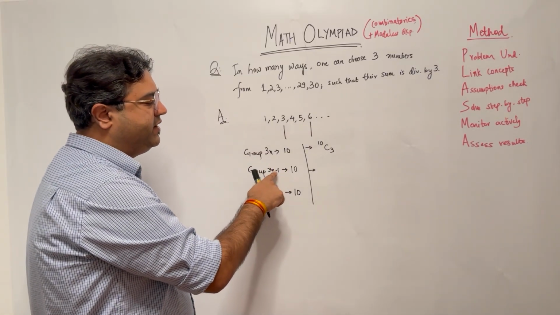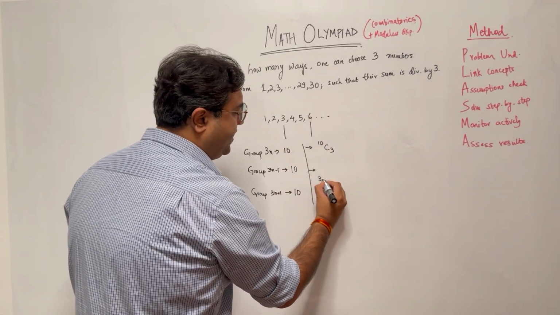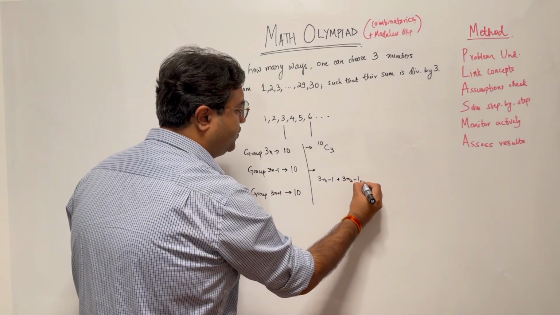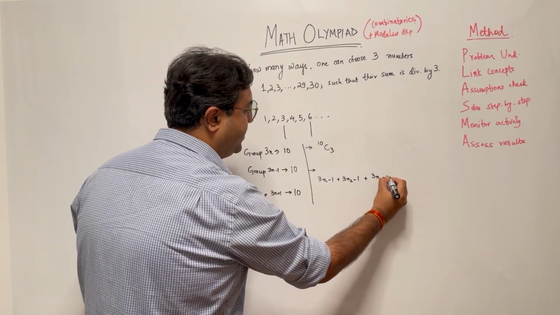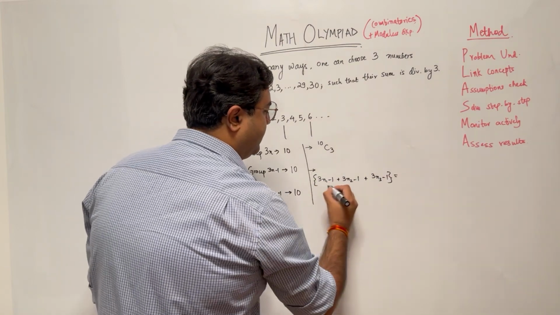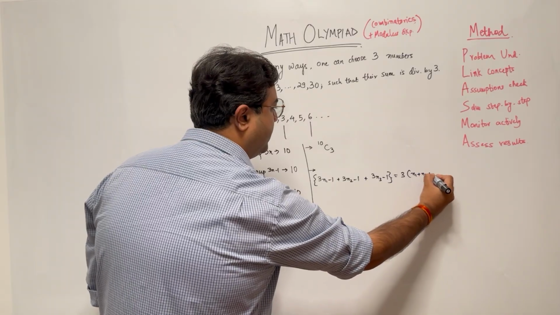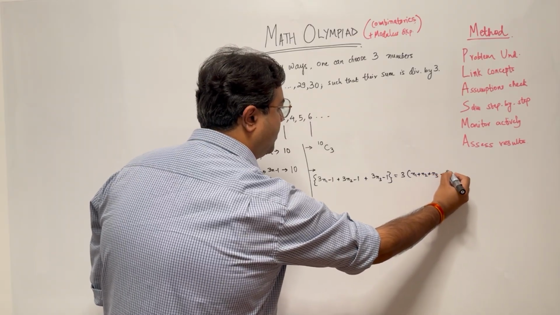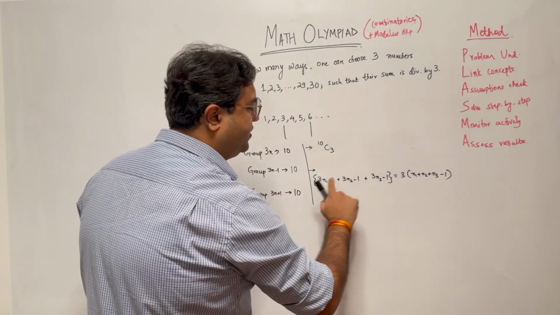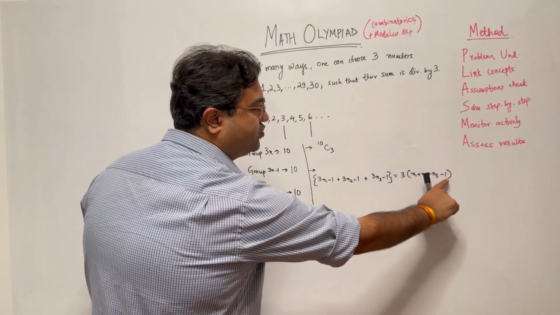So if you add 3n1 minus 1 plus 3n2 minus 1 plus 3n3 minus 1, what you have is 3 times n1 plus n2 plus n3 minus 3.